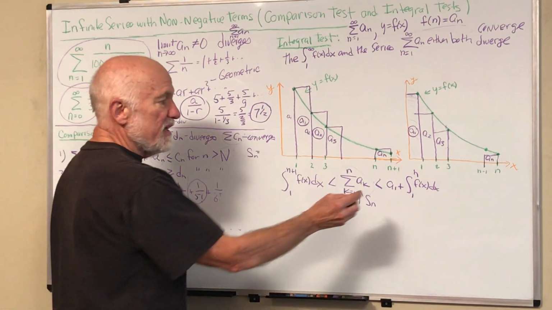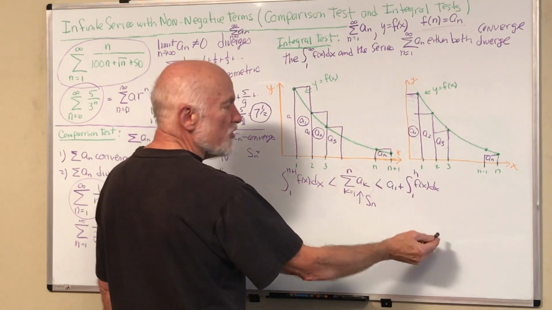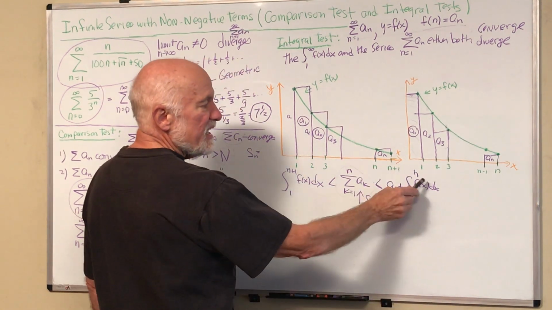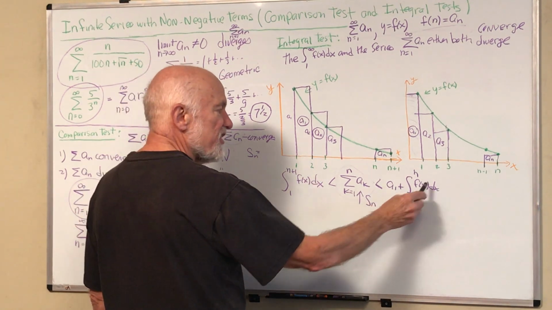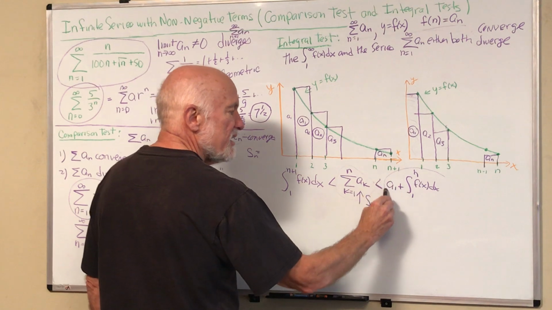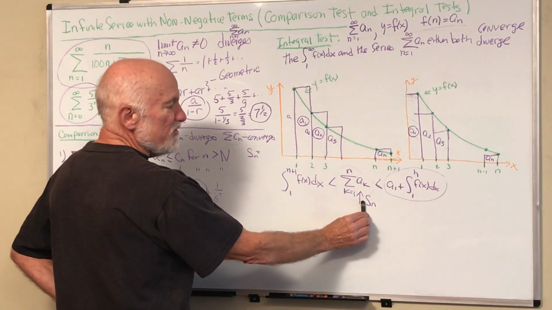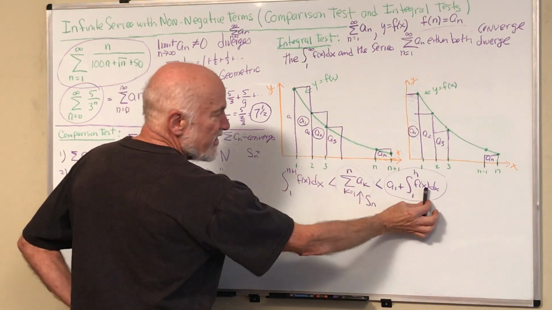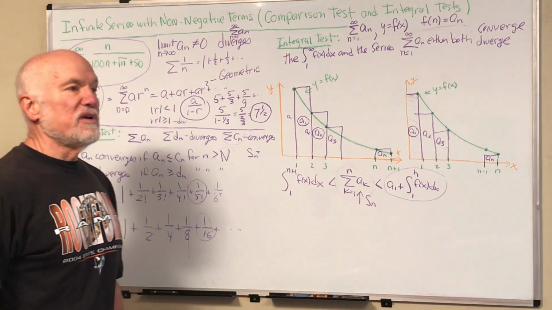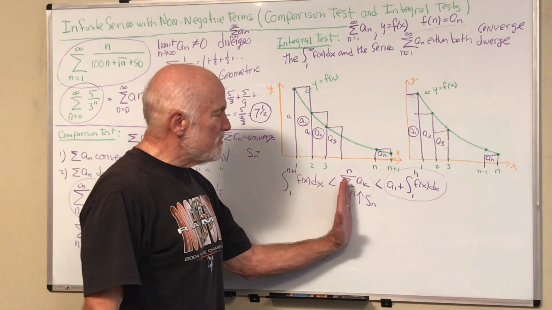So if the integral from 1 to infinity of f of x converges, then we can say, even as n approaches infinity, our nth partial sum is less than whatever this converges to. So this is going to hit some type of limit.